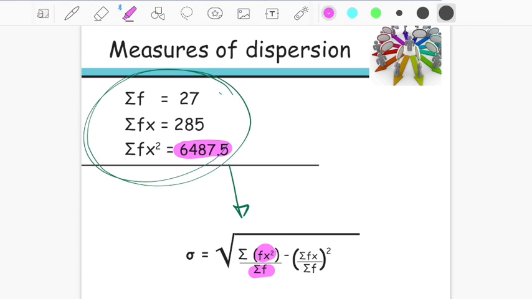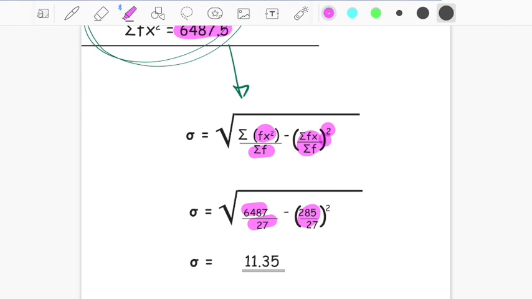Sum of f, 27, you put 27. Sum of f times x divided by sum of f. So this is 285 over 27 and square it. Simplify this whole thing out, you will get equals to 11.35.